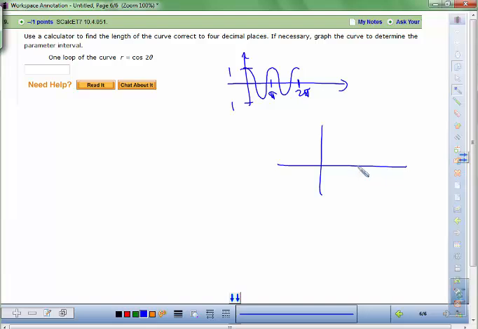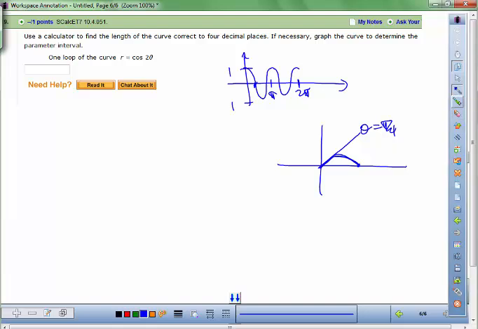So let's imagine how this thing might look. It starts off when theta is equal to 0, r is 1. Where does it cross the x-axis? When does it go back? Pi over 4. So pi over 4. And then what happens, and I don't know if you guys, we talked about negative, right?